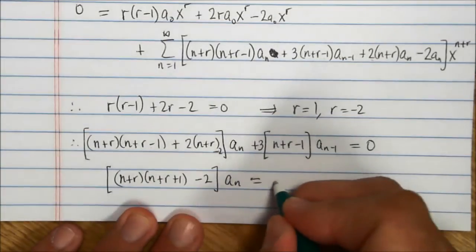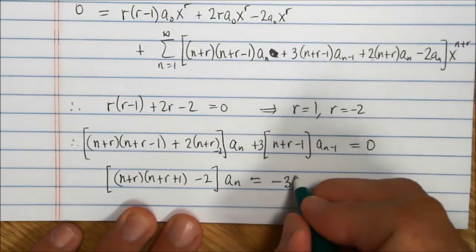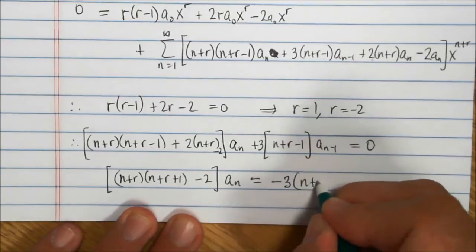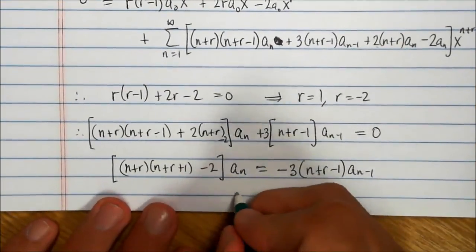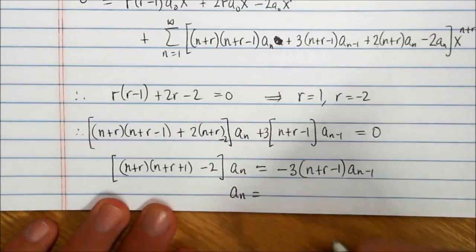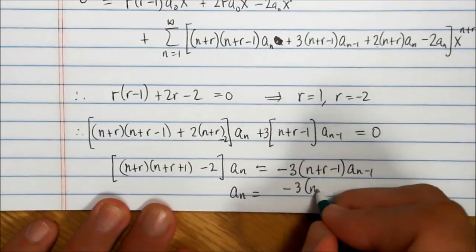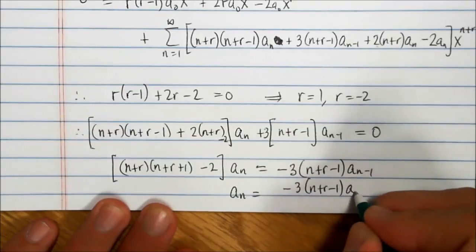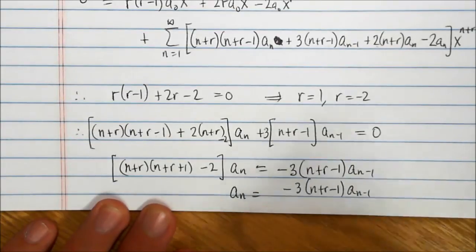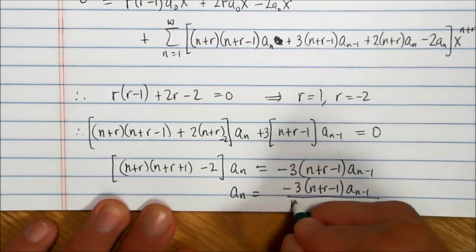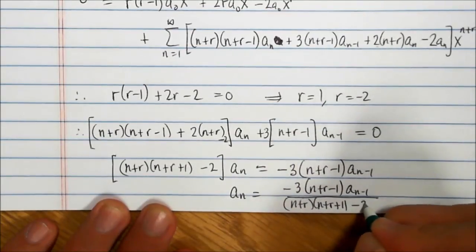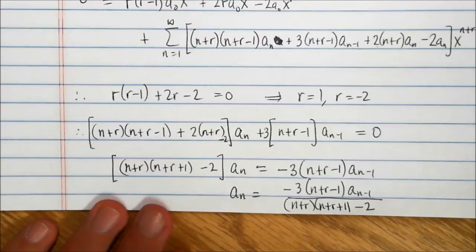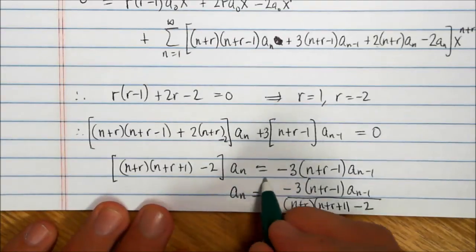That will be equal to negative 3 n plus r minus 1 a sub n minus 1. And so that leaves me with a sub n is equal to negative 3 n plus r minus 1 a sub n minus 1 over n plus r times n plus r plus 1 minus 2. And so that will be our recurrence relationship.